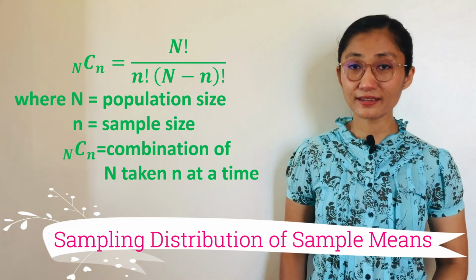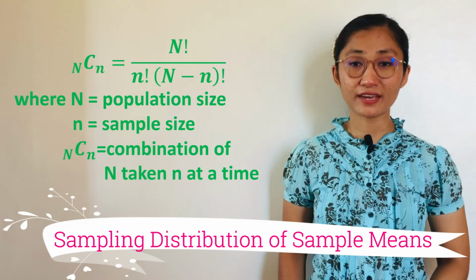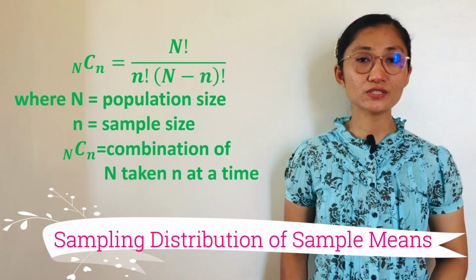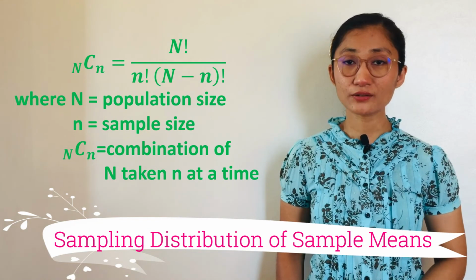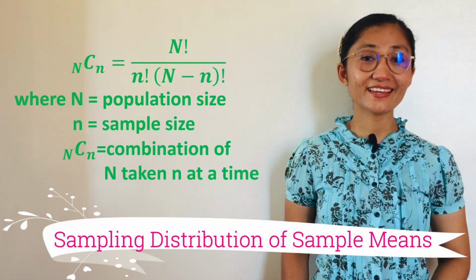It can be manually solved using the formula or use your calculator function, nCr, or combination of n things taken r at a time.